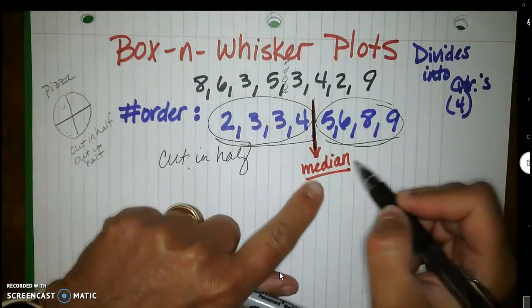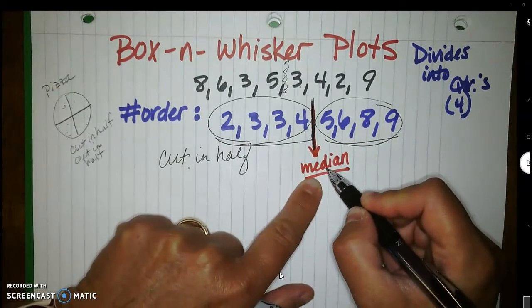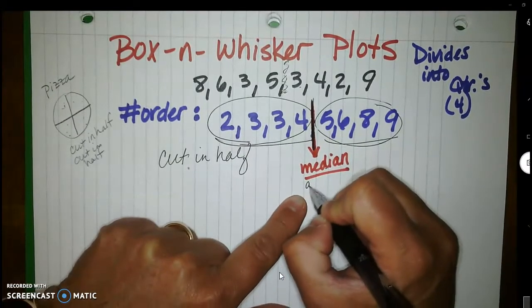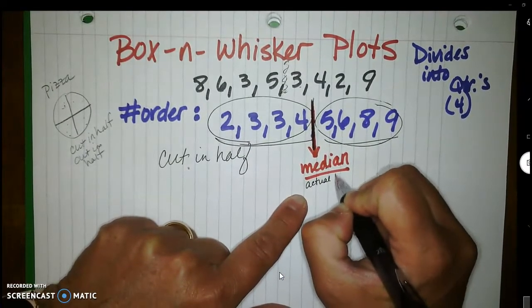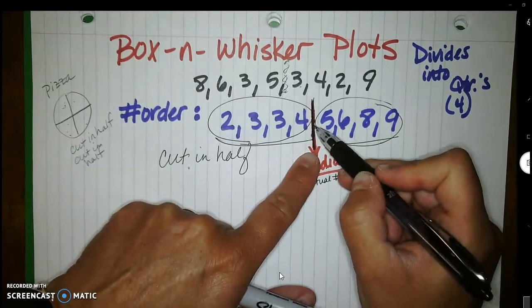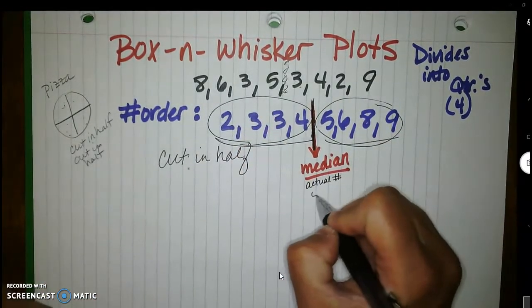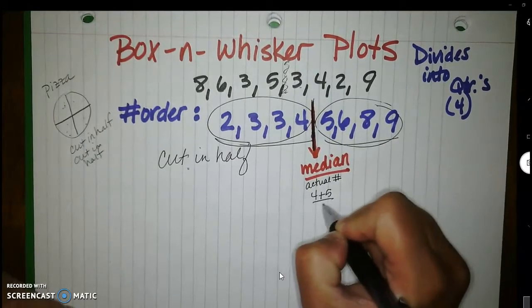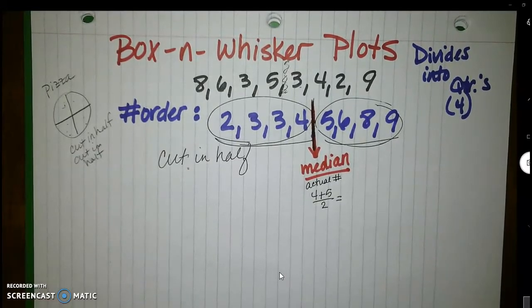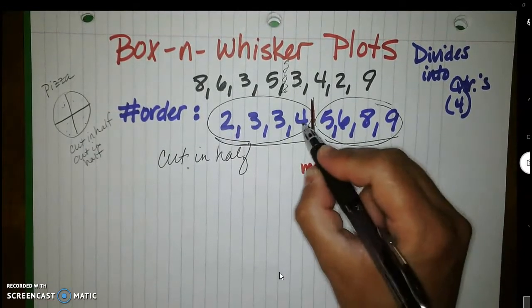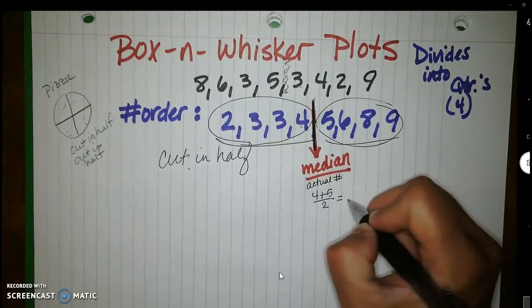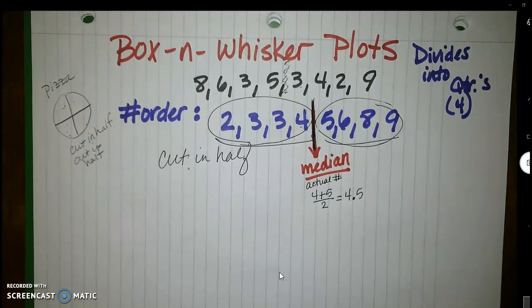But you're going to have to find what this number is. So what is the actual number that is directly in between these 2 halves? Remember, you're going to take 4 plus 5 and divide it by 2 to get that answer, okay? And so the number that is directly in between 4 and 5 is 4.5, okay?